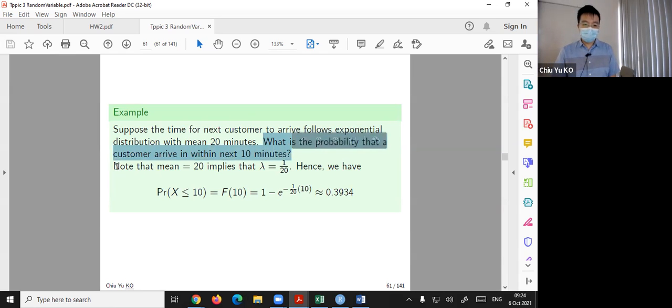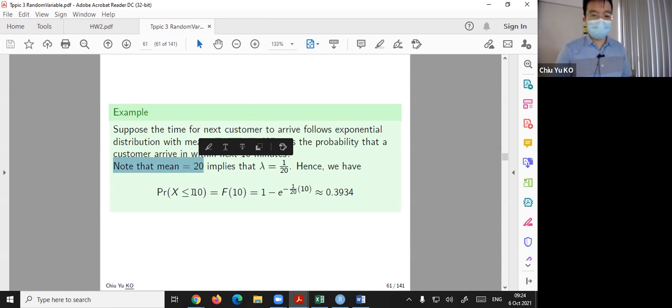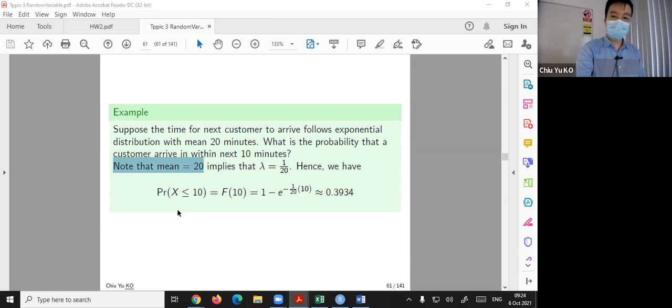First, we look at that expected x is 20, which means lambda is 1/20, right? Because remember, expected x is 1/lambda. When you say this is 20, okay? Sorry for the poor handwriting, but this is very difficult to write.